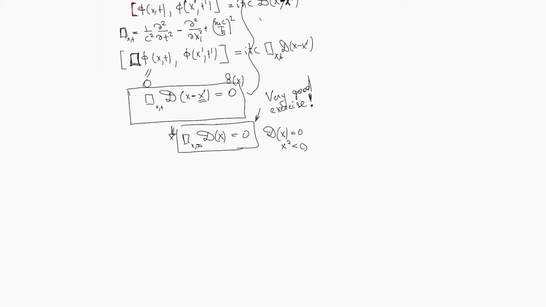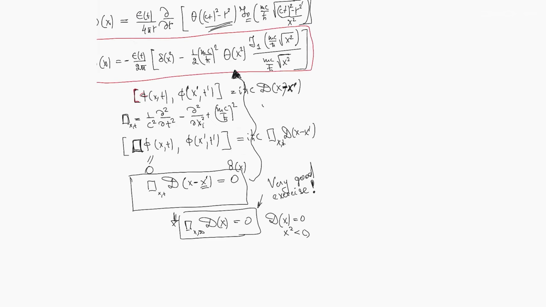So, why didn't we get this at the beginning when we calculated the solution to the classical Klein-Gordon equation? Well, when we solved the classical Klein-Gordon equation, you remember that in this solution we got arbitrary amplitudes, A and A star.